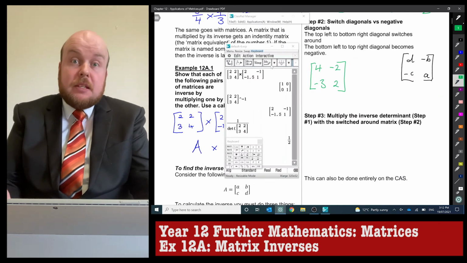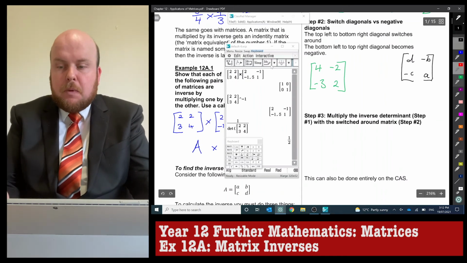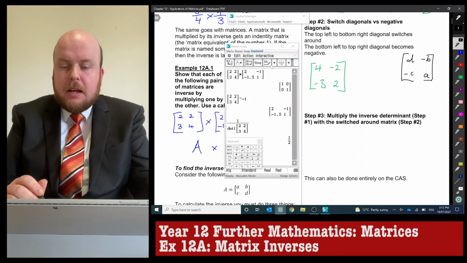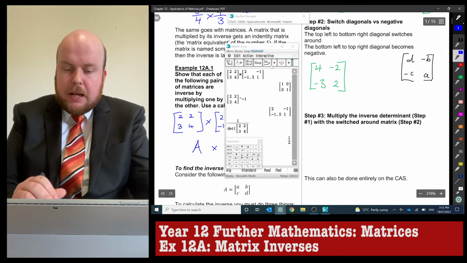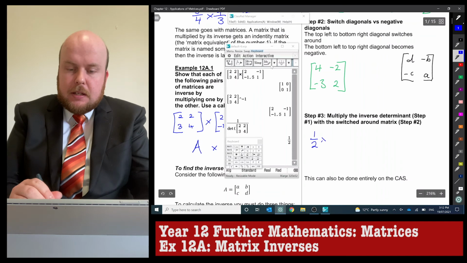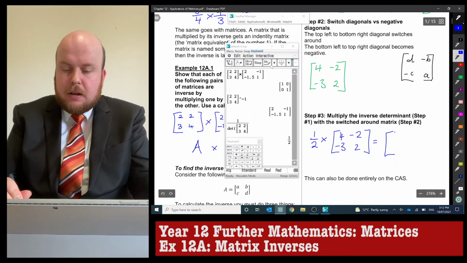The last step is then to multiply the determinant, the 1 over det A, or inverse determinant, by that matrix we switched around. So my inverse determinant was 1/2 times 4, negative 2, negative 3, and 2, which, if you remember from the last chapter, would be the same as going 1/2 times 4, 1/2 times negative 2, 1/2 times negative 3, and 1/2 times 2.